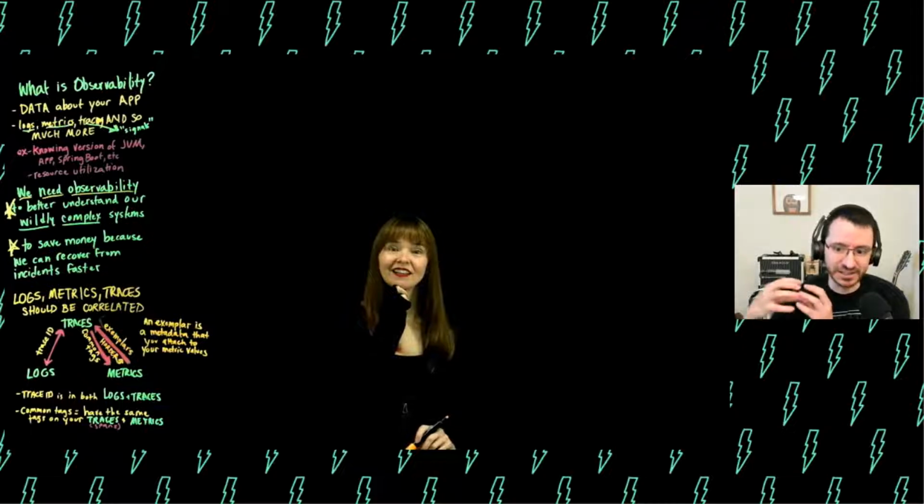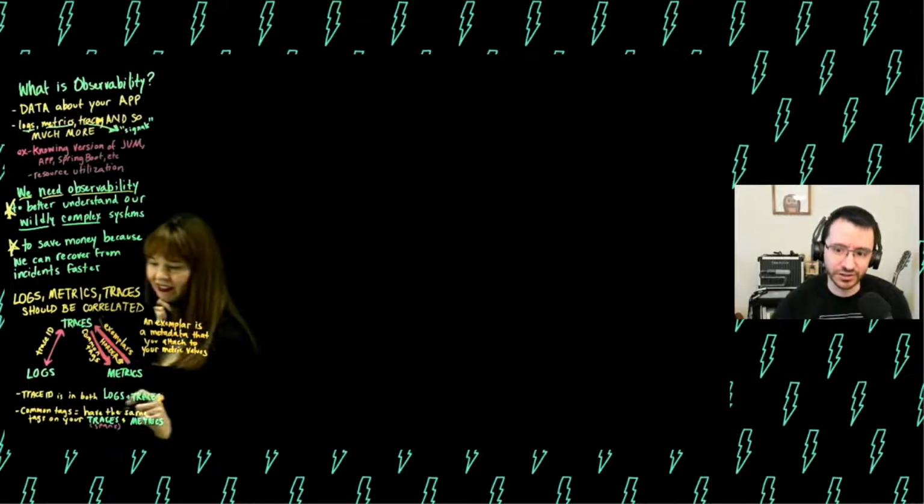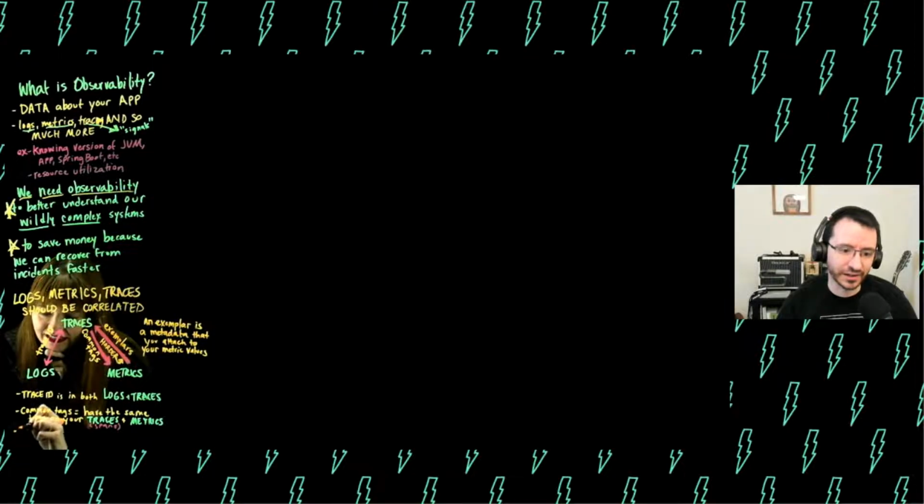So it is basically extending the value of a metric. It is attaching some extra information to the value, and you are sampling it, just dropping these things as you record things.